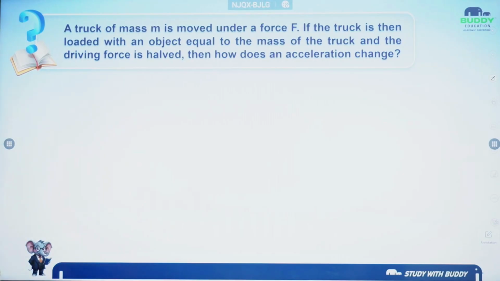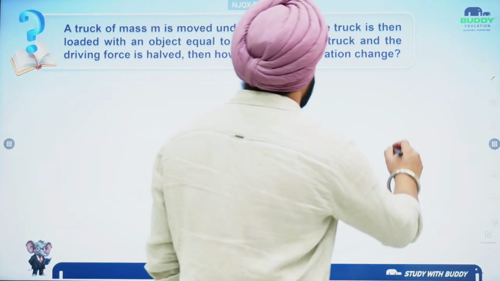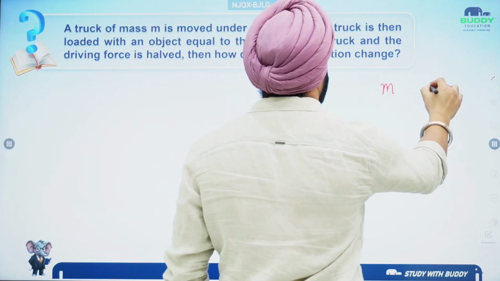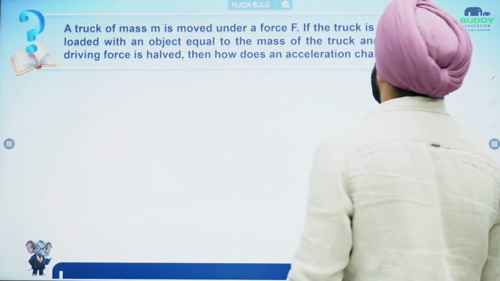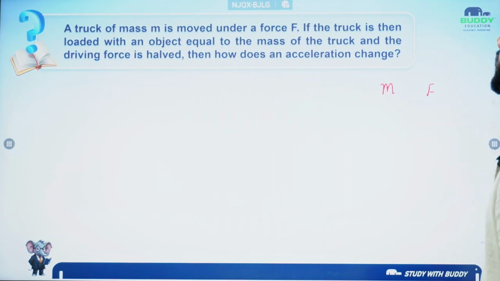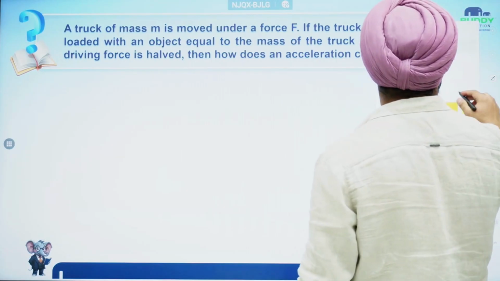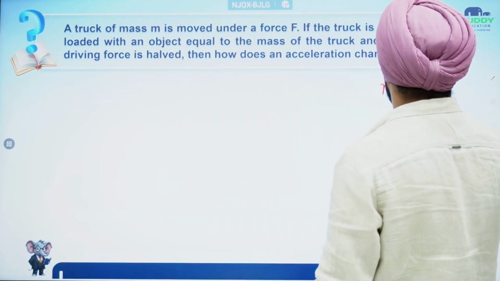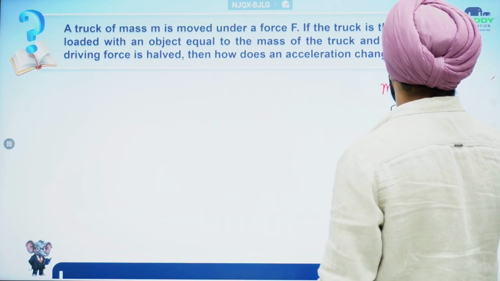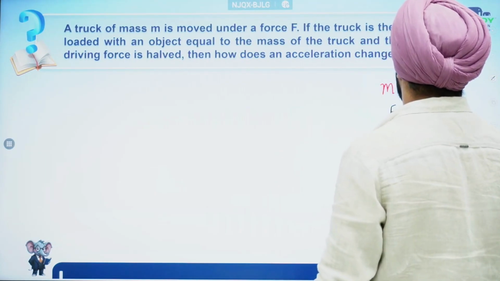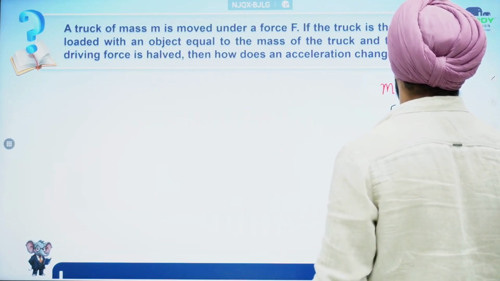A truck of mass m is moved under a force F. So mass m, force F. If the truck is then loaded with an object equal to the mass of the truck and the driving force is halved. If I find out the acceleration here, F is equal to ma, right? So a is basically F by m.